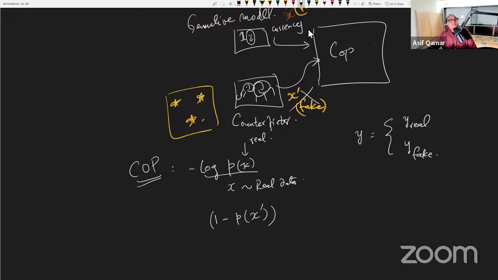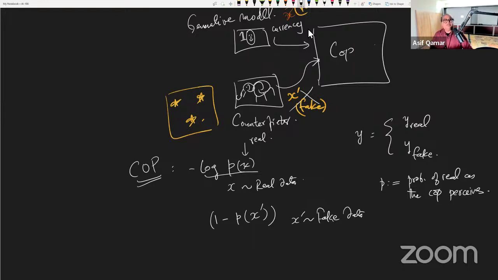If x prime is sampled from fake data that the counterfeiter gave, you want the cop to say the probability of its being real is low. P is the probability of real as the cop perceives it.